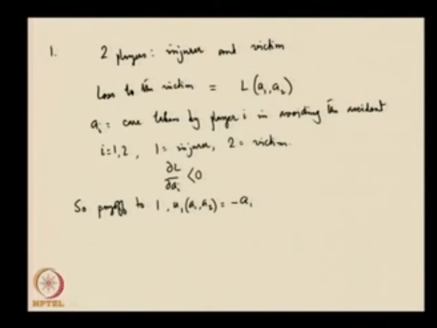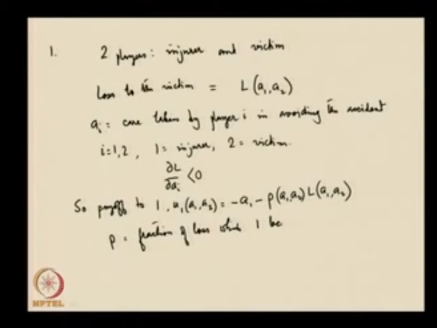So, minus A1 minus rho, which is a function of A1 and A2, multiplied by L, which is a function of A1 and A2, where rho is the fraction of loss which the injurer bears by law.